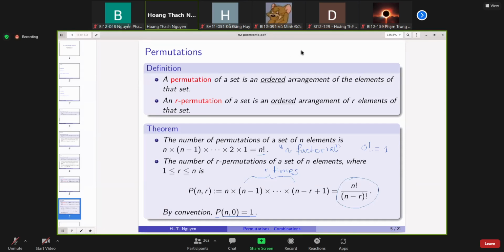Okay. So we have proved the formula for the r-permutations using the product rule. But even though you see a division in this formula here, it is not because of the division rule.